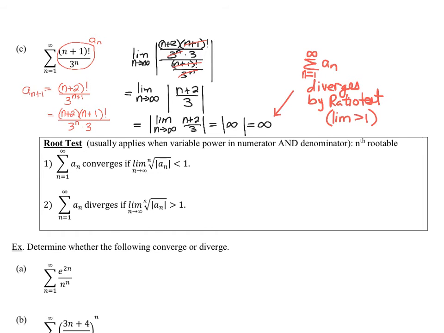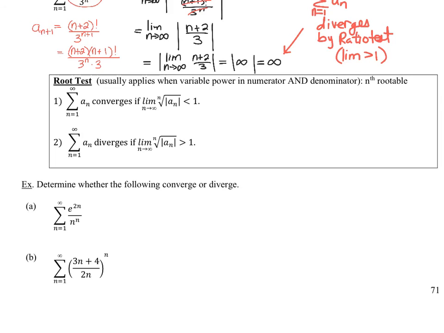The root test is much easier, which is why I don't feel bad about throwing it on at the end here. It usually applies when the variable is in the power in the numerator and denominator, but also it has to be nth rootable. So you're not going to see cases where there's a factorial involved, because you can't easily take the nth root of something that is in factorial form.